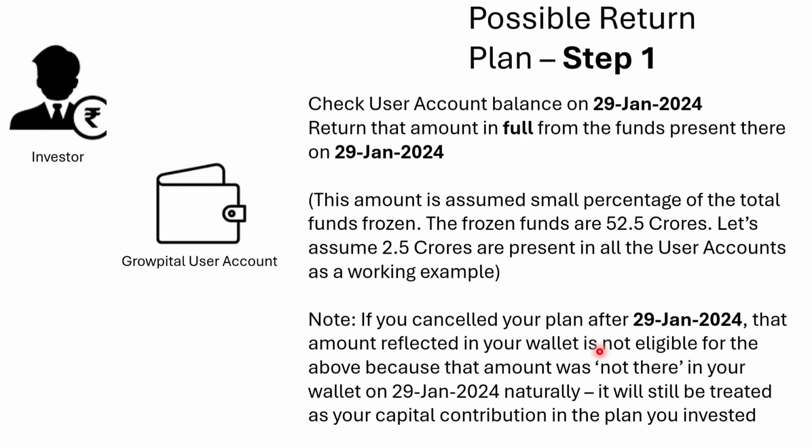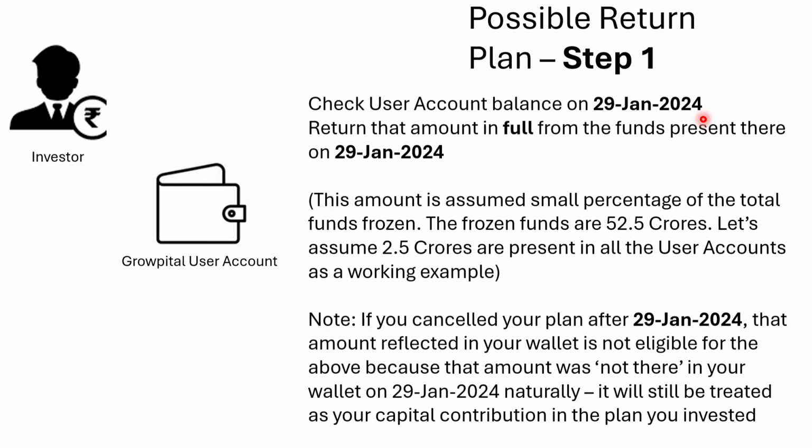All right, so here's a possible return plan in step 1, and listen to it carefully. The algorithm for this would be: check the user account balance on 29th of Jan 2024. You might recall 29th of Jan 2024 is an important date because that is the date on which SEBI froze the bank accounts of Growpital.